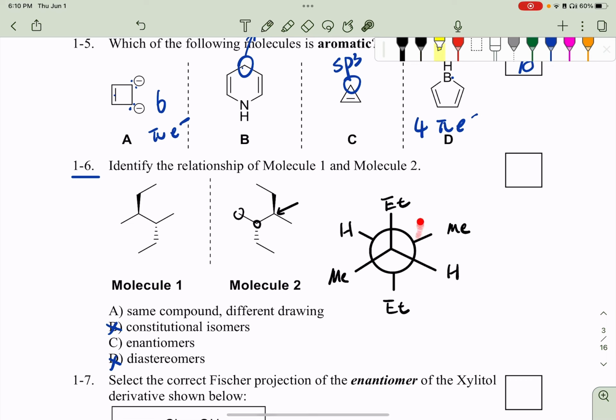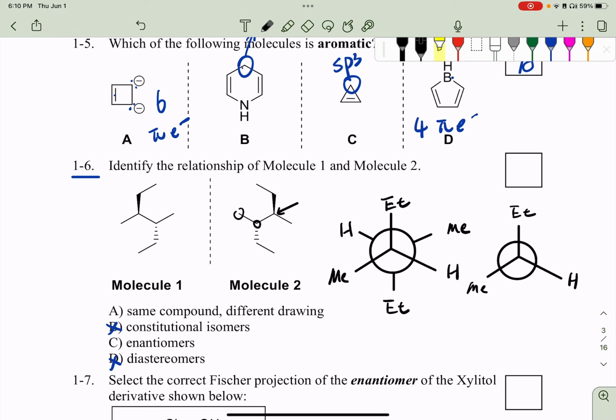All right, so after drawing this Newman projection, you can imagine rotating one of these carbons, either the front one or the back one, by 180 degrees. What we're going to end up having is a Newman projection like this. I'm rotating the bottom one, so I'm keeping the front one the same.